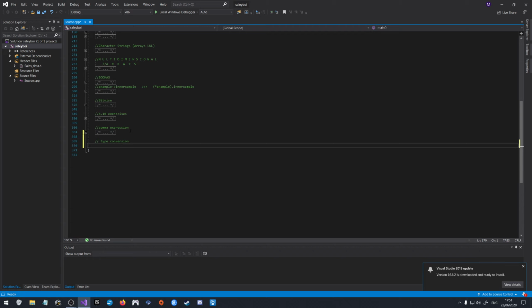So now we have dval plus ival times cval. So cval, it doesn't matter, right? Cval is converted to an int. Ival is multiplied by the integer value of cval, and then that value is converted to a double and added to dval.